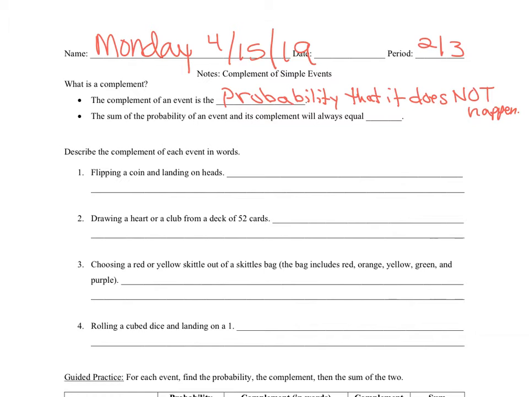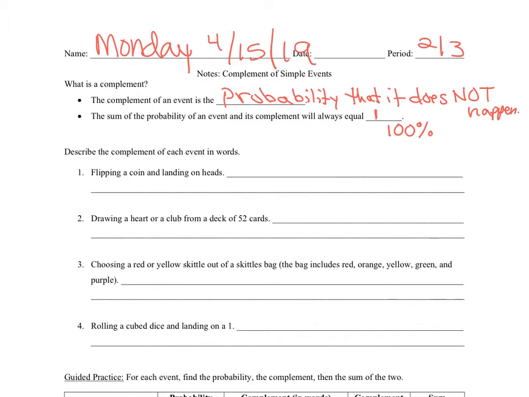We're looking at the opposite of what they're saying is not going to happen. The sum of the probability of an event and its complement will always equal 1 or 100%. So what does happen and what doesn't happen is going to equal 100%.